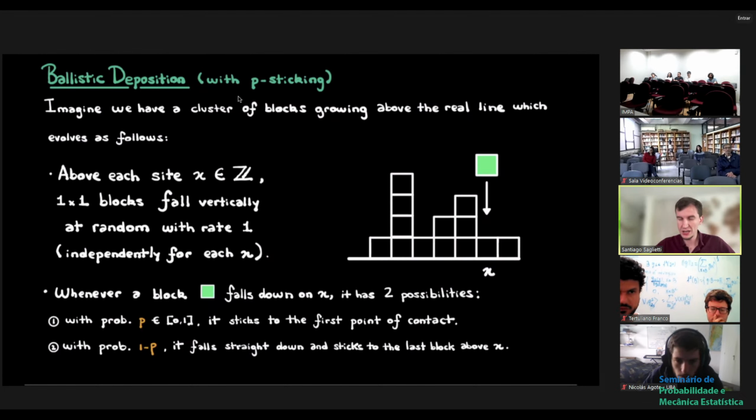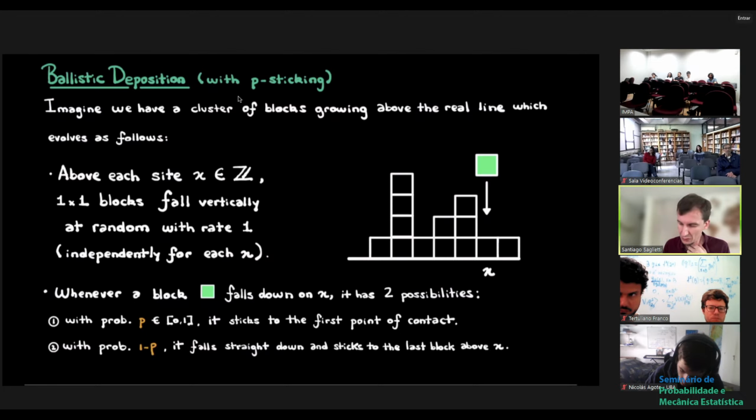But once a block like the green one here is trying to fall down on top of x, two things can happen. The block will flip a coin. The coin will be heads with probability P, or tails with probability 1 minus P. All blocks have independent coins. If the coin is heads, with probability P, the block will choose to stick to the surface at the first point of contact.